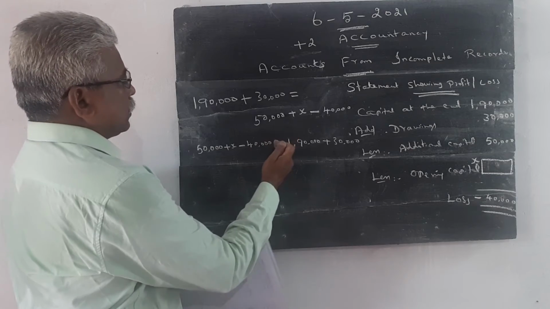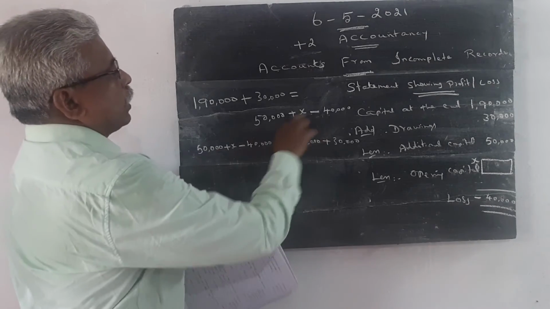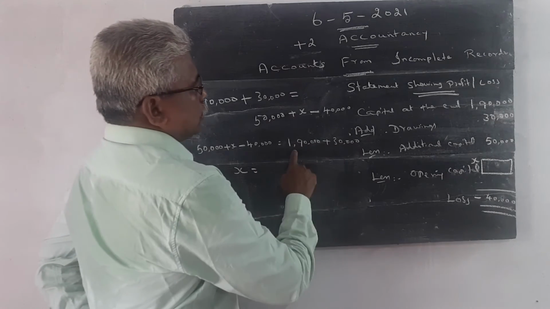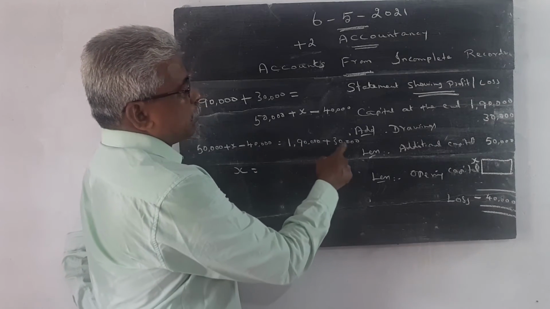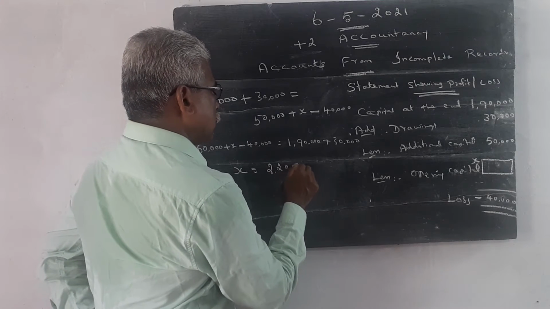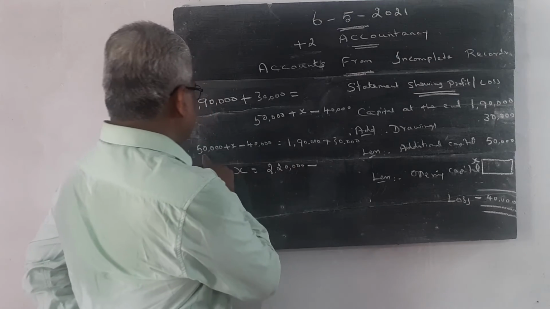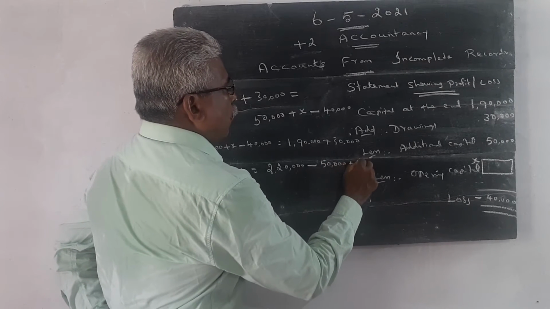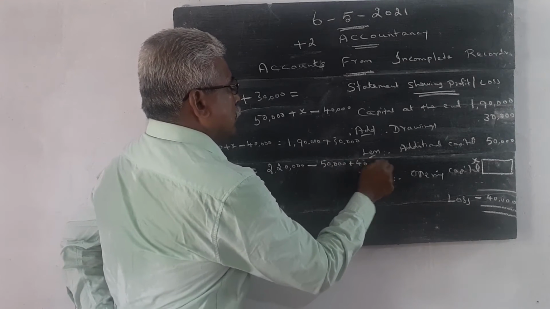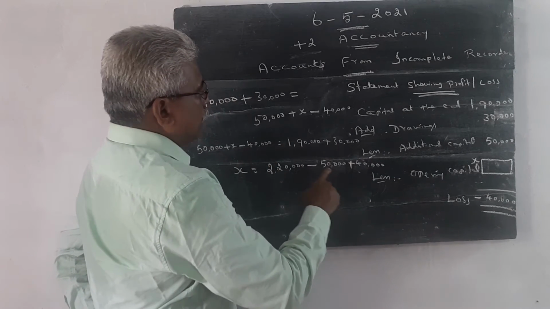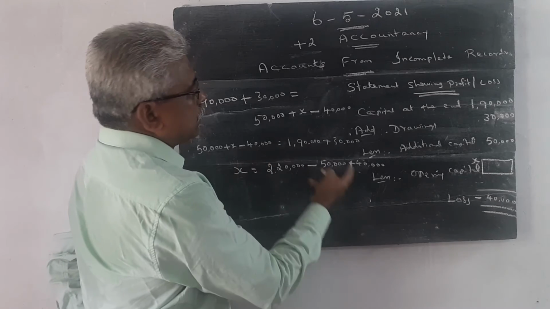The x comes to the left hand side. That is why I wrote it in this way. x is equal to, we have to add these two figures. 1,90,000 plus 30,000 is equal to 2,20,000 minus 50,000 plus 40,000. If a minus figure comes to this side, the sign will be changed.